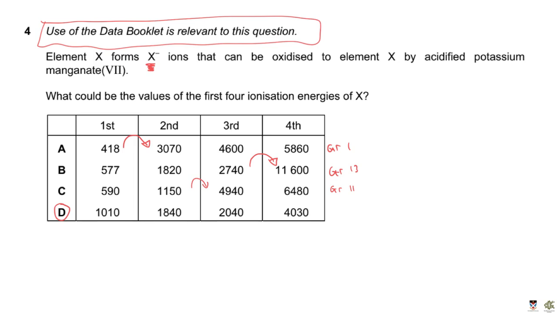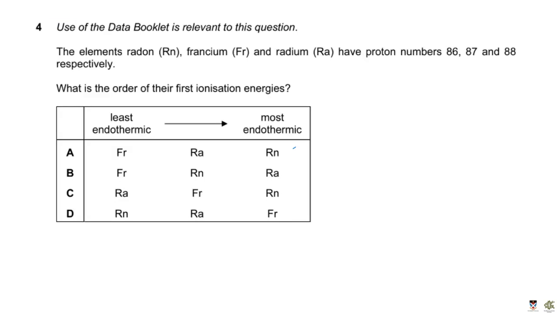If you do that, you'll find that the ionization energies given in option A are for the element potassium, which is in group 1, as we expect. B is for aluminium, which is also in group 3 or 13. C is calcium, and D is for the element iodine, which is in group 17, so it will form an ion with a charge of 1 minus. So the correct answer there is D.